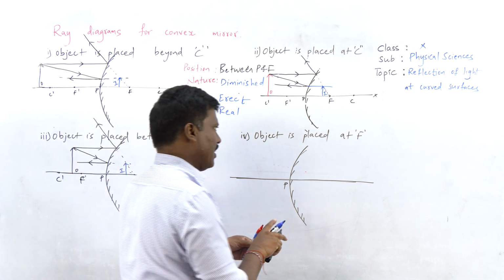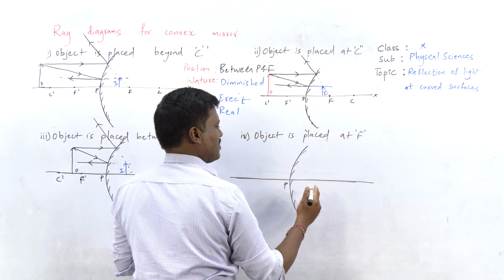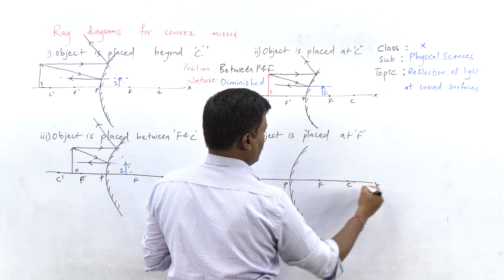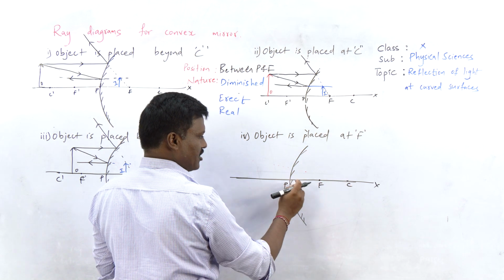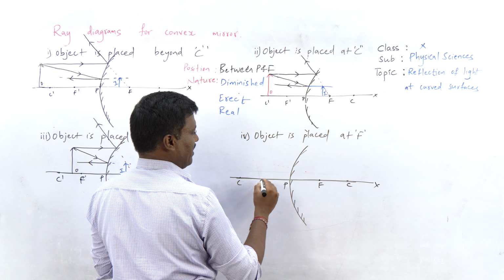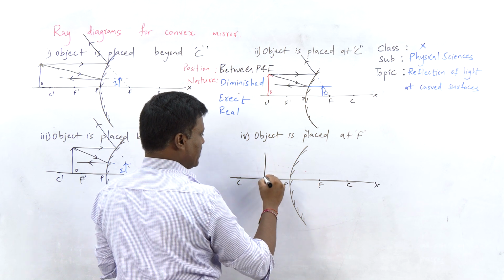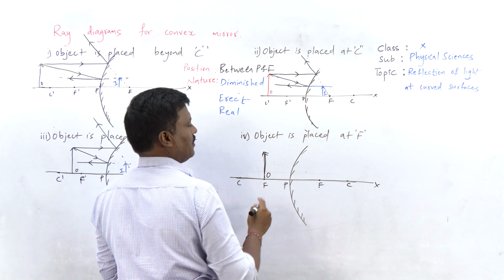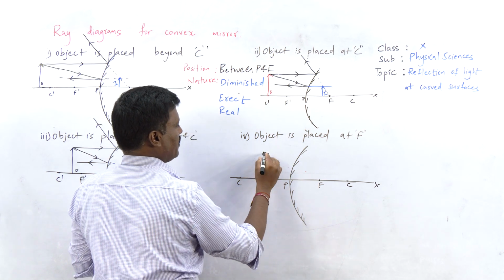And when the object is placed at focus also, let us finish. The object is placed at focus. This is the real focus, real center of the curvature, but they are behind the mirror. This is the virtual focus and virtual center of the curvature. So I am keeping the object exactly at focus. This is the object.